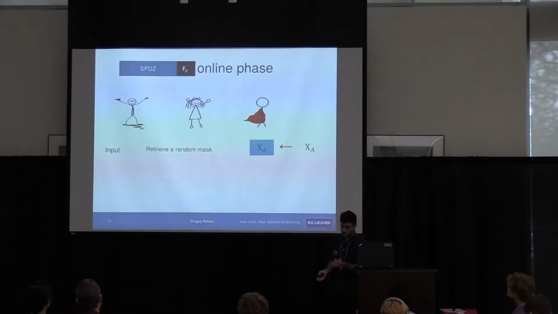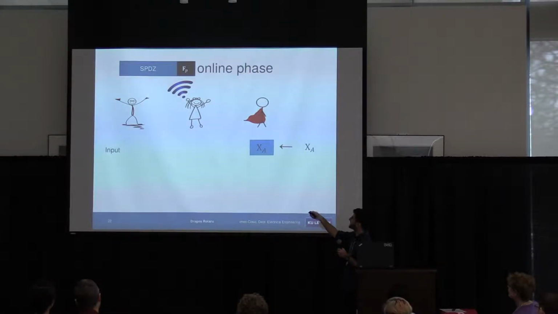Now, how do we provide inputs to this SPDZ? Let's say Alice has input X. She can retrieve a random mask from pre-processing, and she masks her input with that random mask, opens that to all parties, and then parties adjust the MAC and the share such that X is going to be shared across all parties.